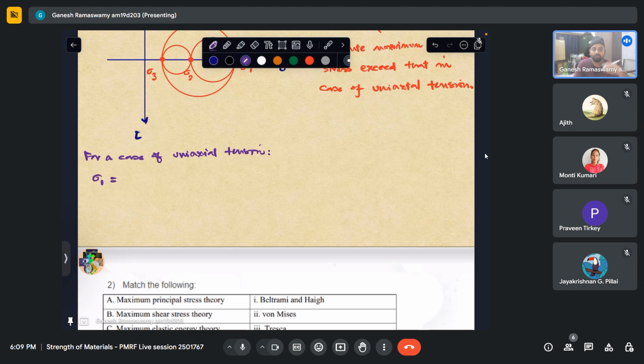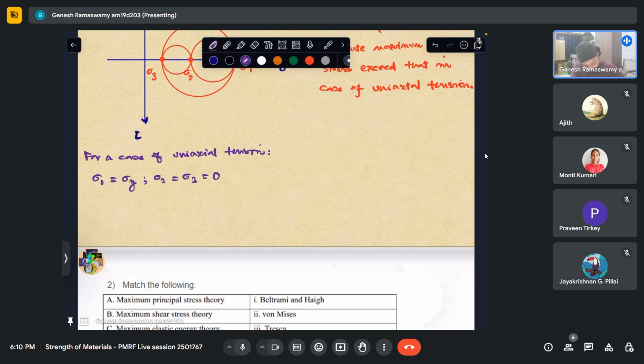Now, since we want to push it to the limit, the limiting condition would be, and we are dealing with a ductile material, as soon as yielding sets in, that is when we deem the material to have failed in its functionality. So at that limiting condition, sigma 1 would actually be sigma y, the yield stress of the material. And sigma 2 and sigma 3 will be 0 in the case of a uniaxial tension.